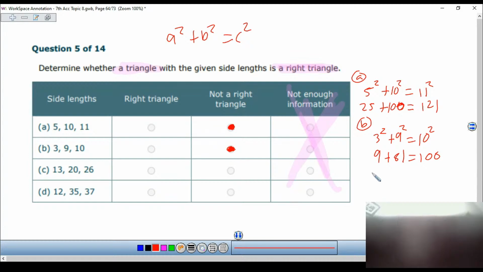Okay? Then we got C. I guess I did have room. So we got 13 squared plus 20 squared equals 26 squared. Now, I don't know 26 squared off the top of my head. I know a lot, but I don't know that one. 26 squared is 676.